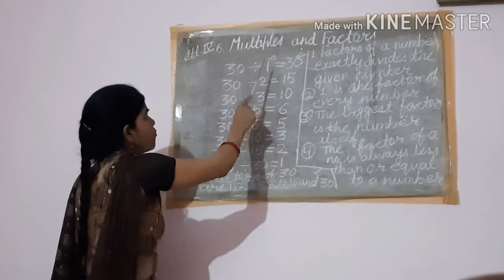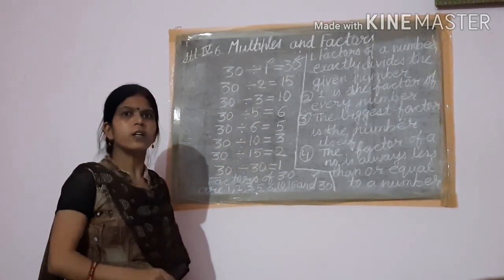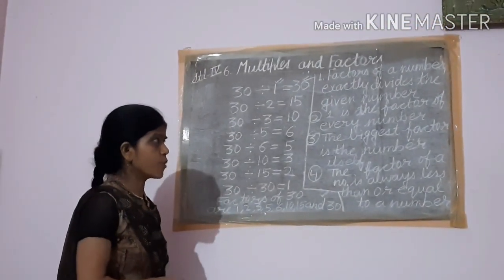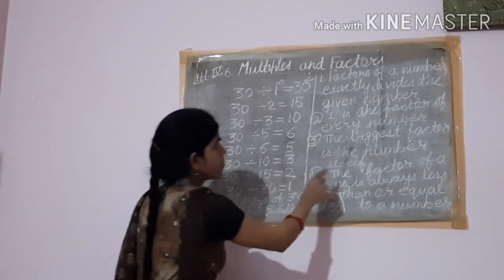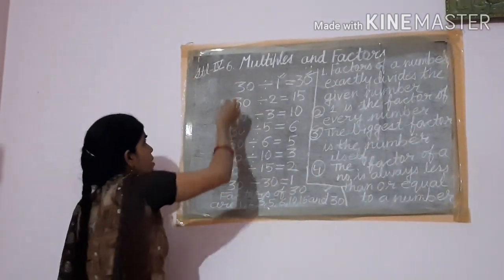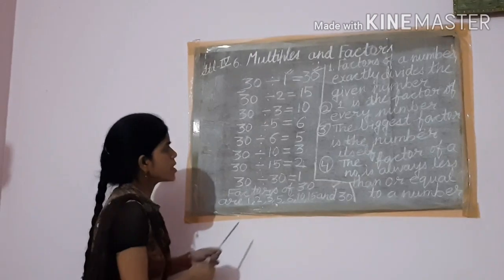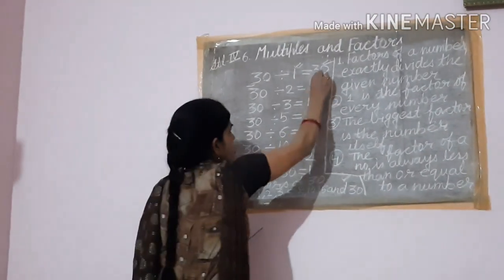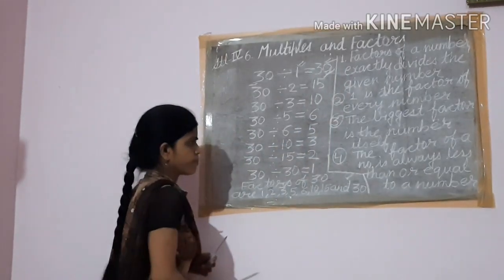See here, 1 is also a factor. I have shown you earlier also by taking the example of 24. Next is the biggest factor is the number itself. So here I have taken the number 30. So here the biggest factor, children, are you able to find which one? 30 is the biggest factor.